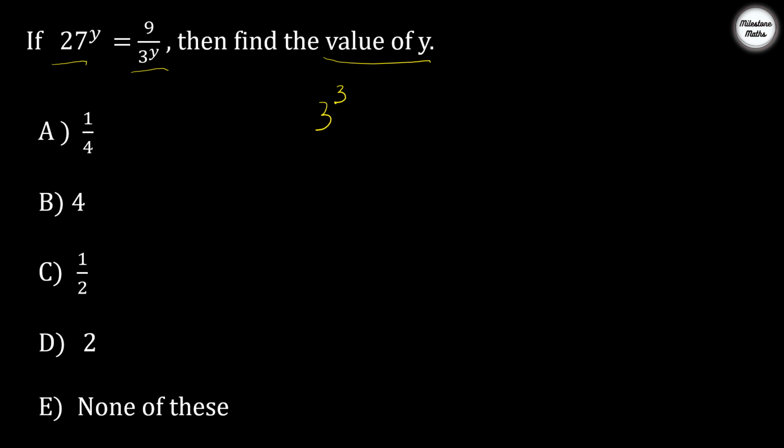So we can write 27 as 3 raised to power 3, and 27 raised to power y means 3 raised to power 3 whole raised to power y. And here also we can change 9 as 3 raised to power 2, and down we have 3 raised to power y.